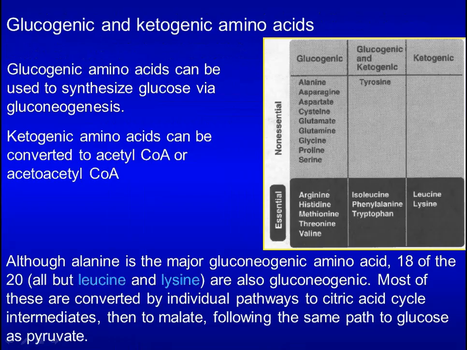Glucogenic amino acids can be used to synthesize glucose through gluconeogenesis. Ketogenic amino acids can be converted to acetyl-CoA or acetoacetyl-CoA. This table shows you that except leucine and lysine, which are purely ketogenic, all other amino acids are glucogenic.